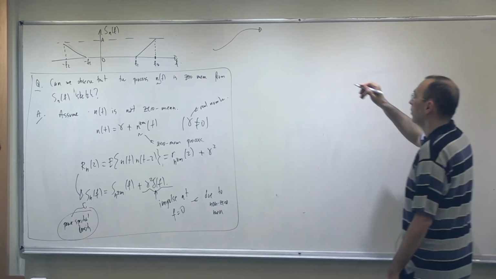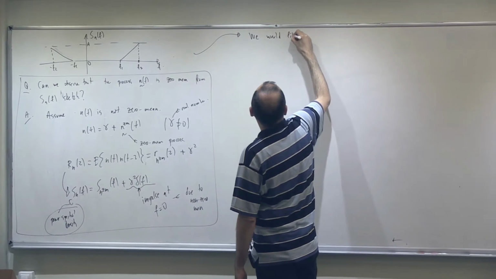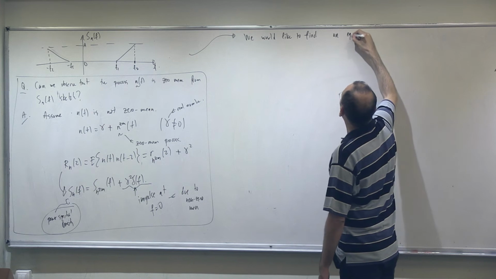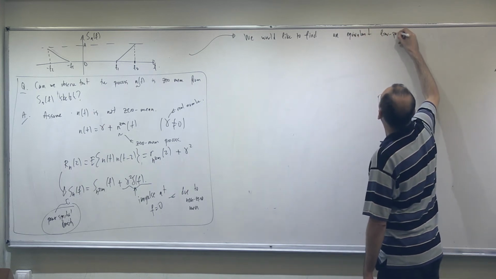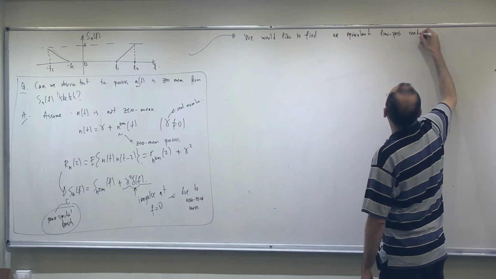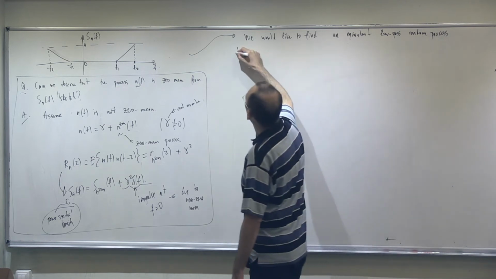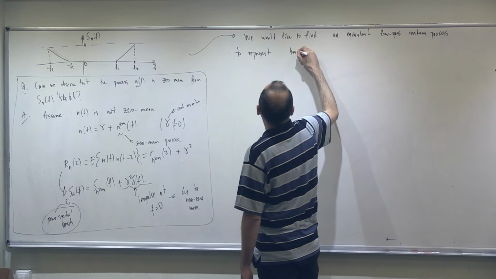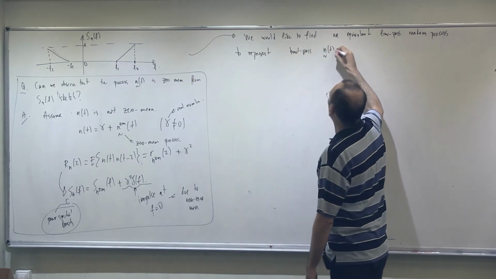So what's the question? We would like to find an equivalent Lowpass random process, like we did for the deterministic signals, to represent the bandpass random process n of t.